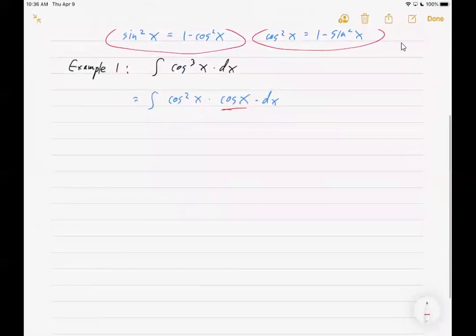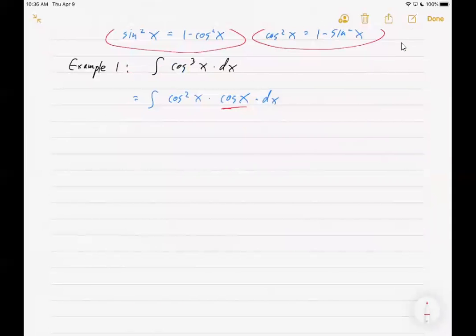So we've drawn a single power of cosine out, and what we're left with is cosine squared. We would like for that to be sines instead of cosines, because if it had sines in it, the derivative would be a cosine. So we'll make it work. We'll rewrite that part as 1 minus the sine squared of x times cosine of x dx, right?